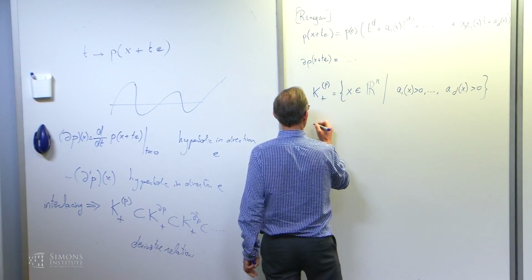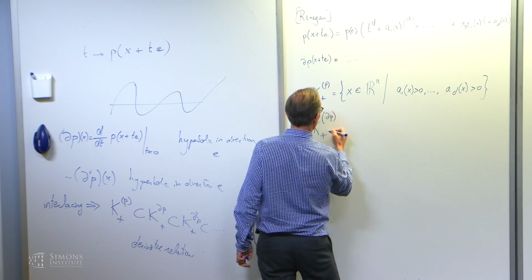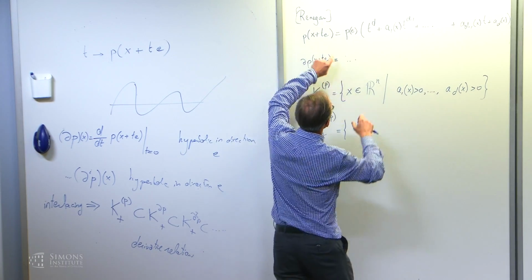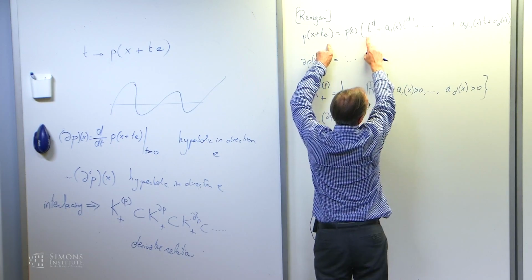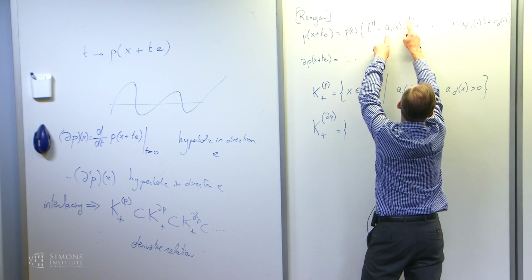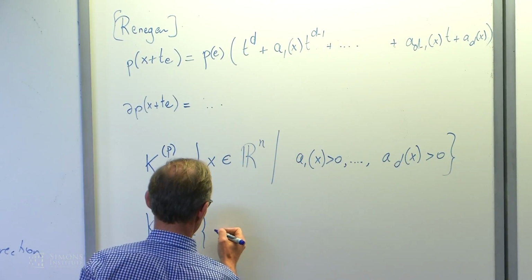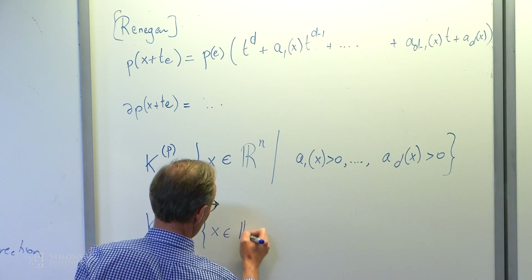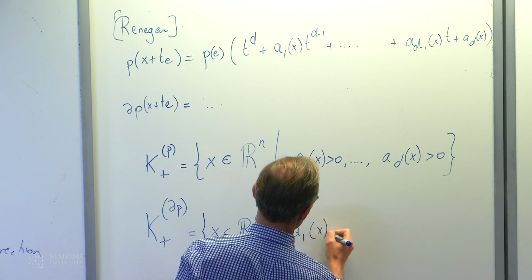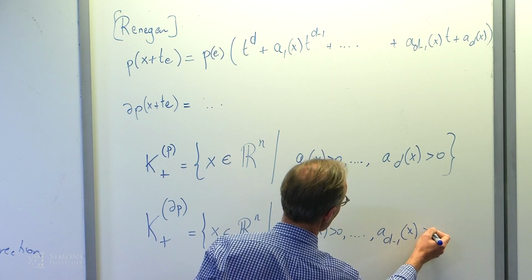So we get one cone and then a bigger cone and so on. And the cone corresponding to the derivative of P, when I differentiate, I get all these a sub i's times some constant, but I will get that this is simply a1 of x up to a d minus 1 of x being positive.